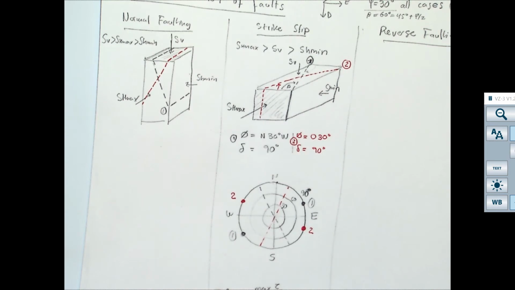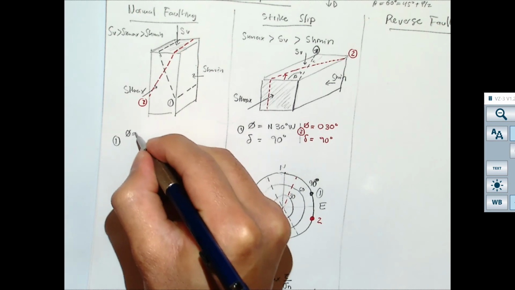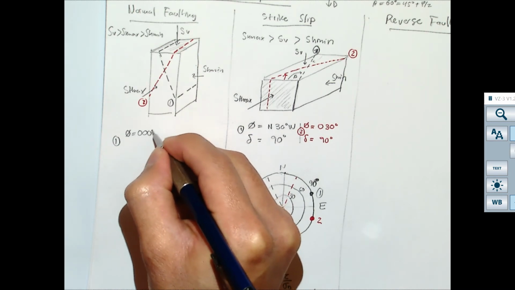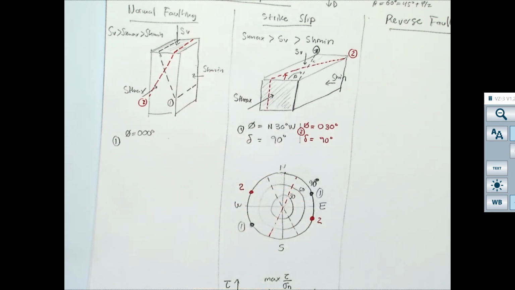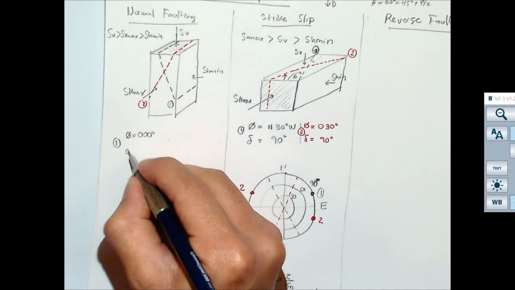This is number 1. This is number 2. So 1 strike, 0. And what about the dip?